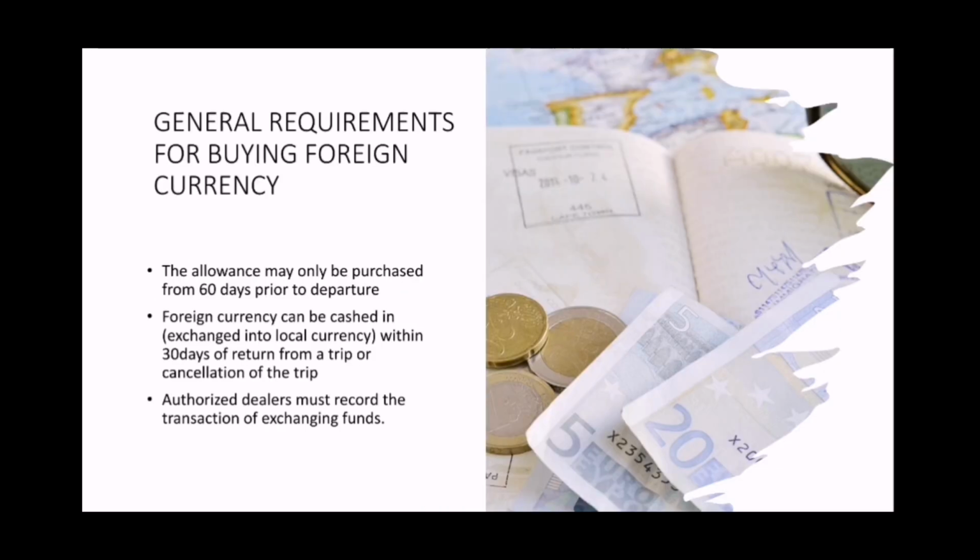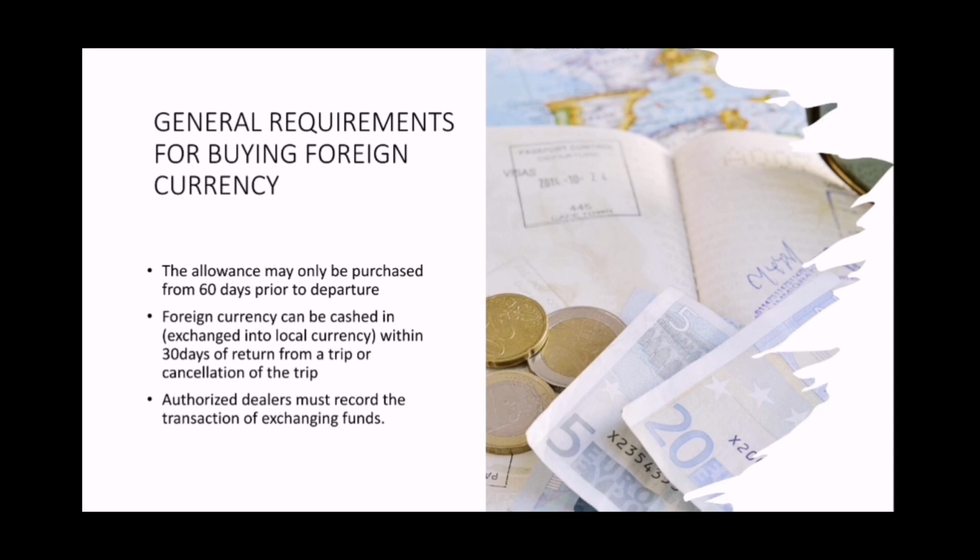So the first thing that we look at is the general requirements for buying foreign exchange. Now it says in the slide, the allowance may only be purchased from 60 days prior to departure.